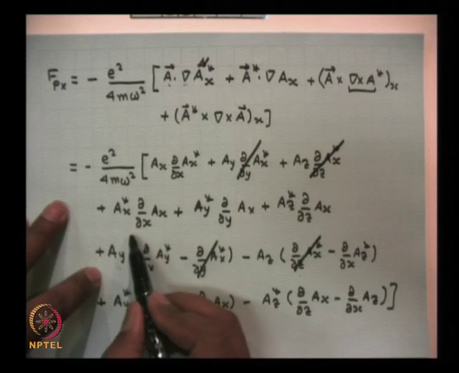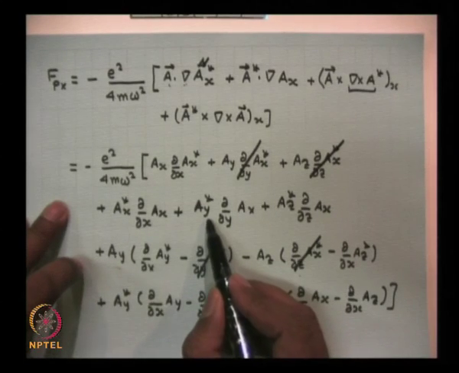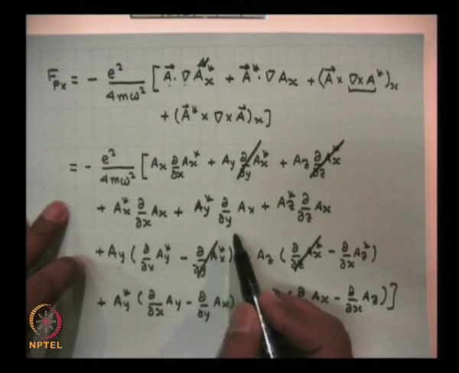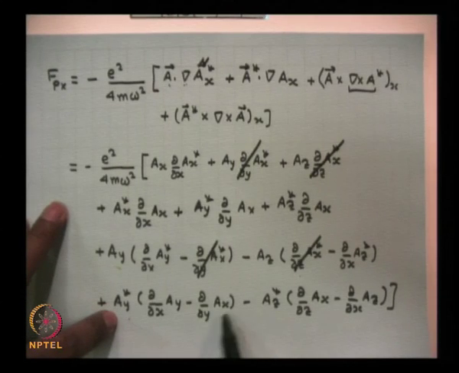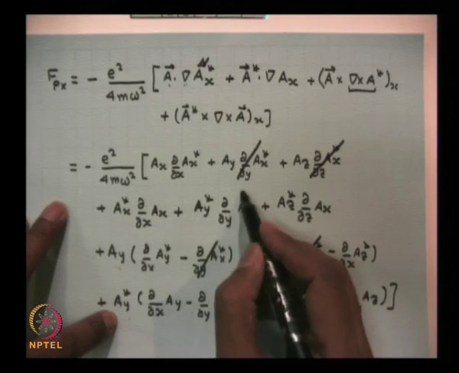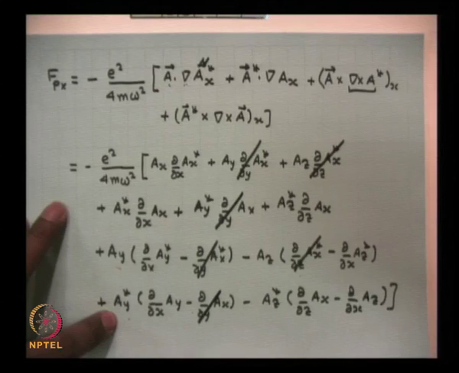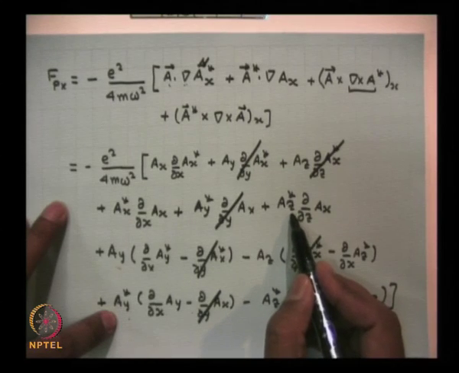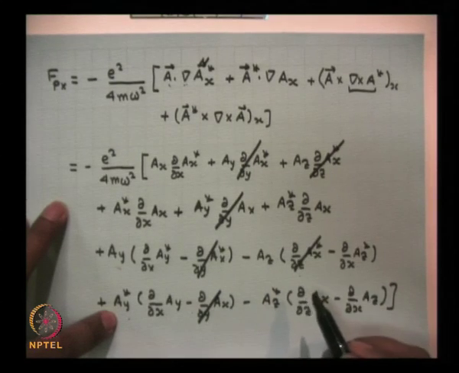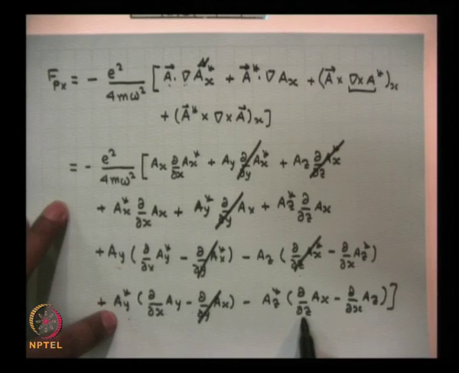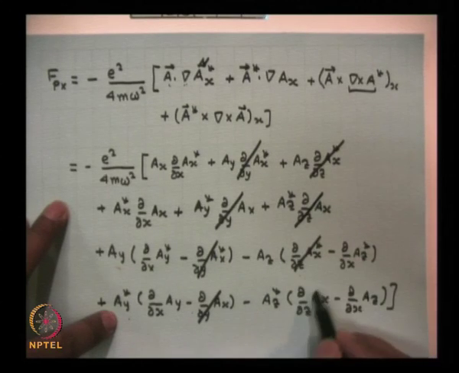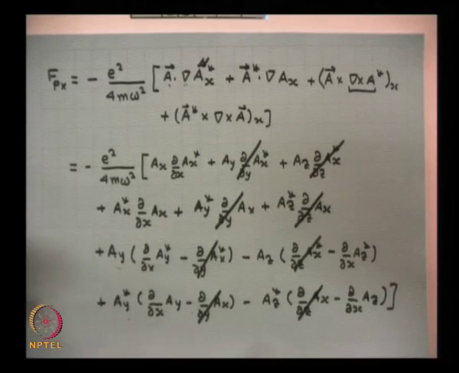Then this term, Ay* ∂/∂y of Ax, this is negative, this is positive, they will cancel. Then this Az* ∂/∂z of Ax will cancel out with this one. So, a lot of terms have cancelled out.